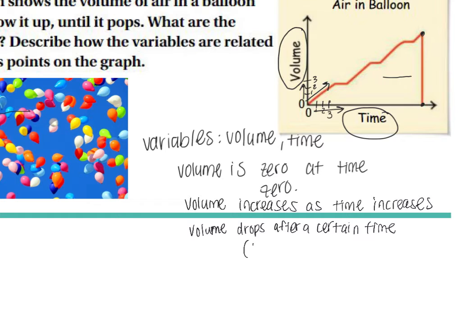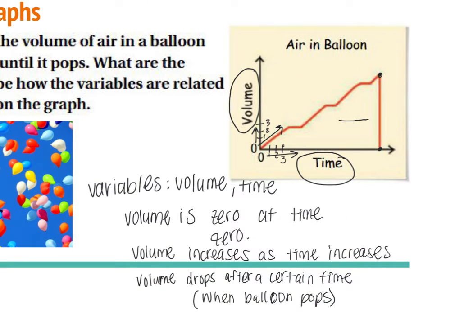I'm going to put in parentheses when balloon pops. So this graph makes sense in terms of a balloon. Our balloon is going to continuously increase up to a certain point in time, and then when it pops, its volume goes all the way back down to 0.